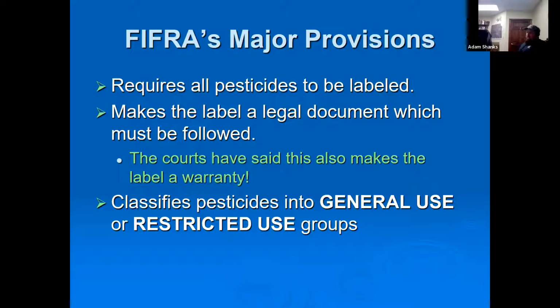It also classifies pesticides into two main categories: general use, which you can buy openly at any sort of store, or restricted use, which you have to have a license that you've taken an exam and have a little bit more understanding about how to use that product, how to mix that product, how to handle that product, how to dispose of it, just a little bit more intensive training involved to get the restricted use license.